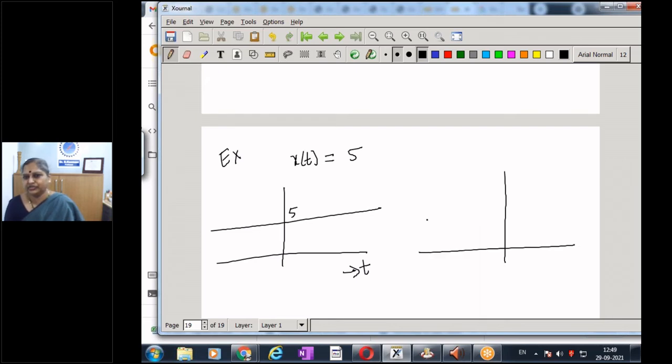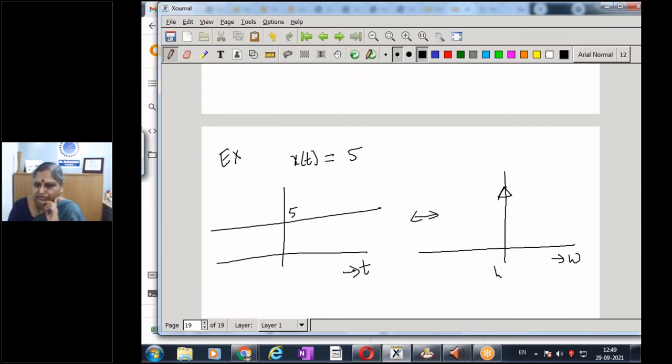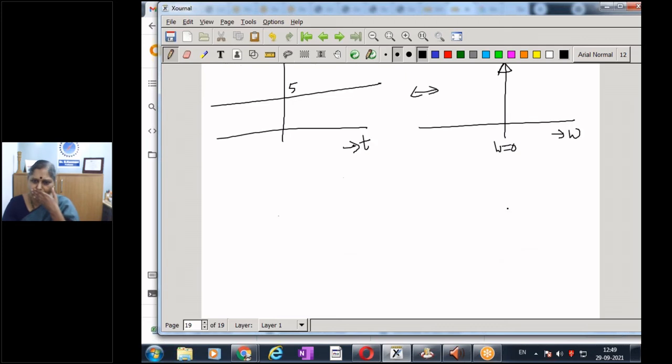When I do the Fourier transform of this function, what I get is some constant times the impulse at omega equal to 0. If a signal is constant, we know that it is a signal of 0 frequency, and its Fourier transform is an impulse at omega equal to 0.